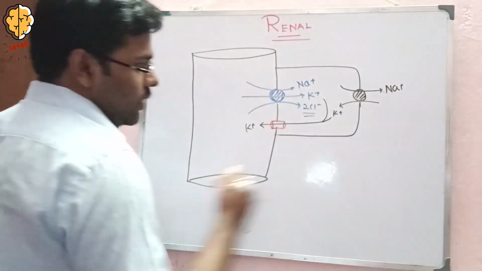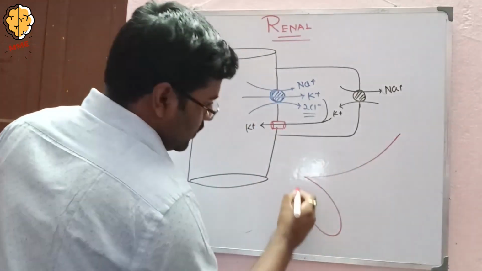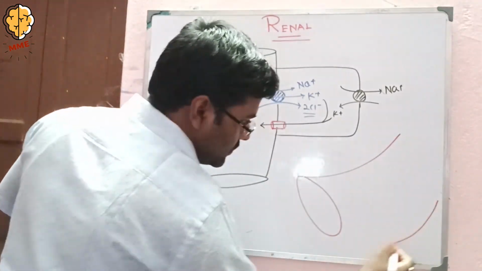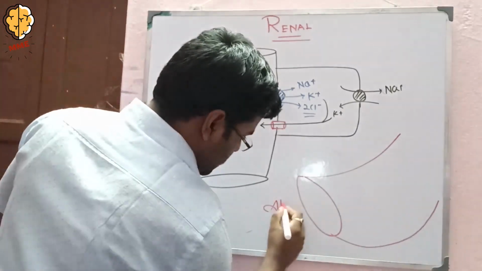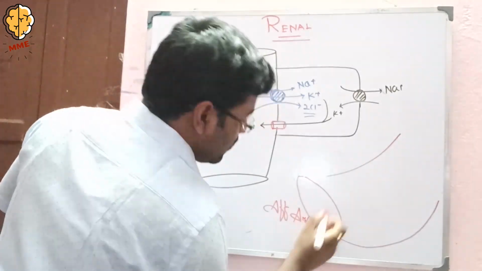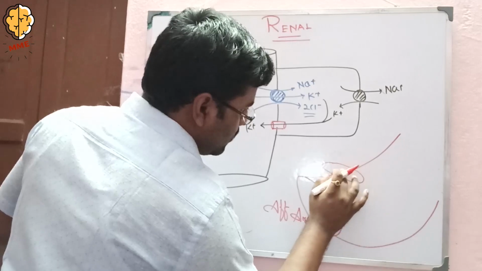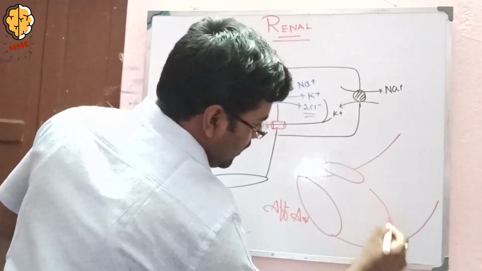We know that is our afferent arteriole, and the smooth muscle around the afferent arteriole.